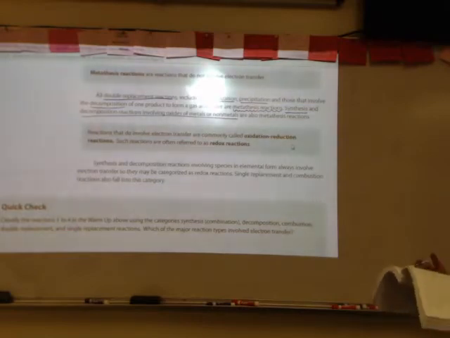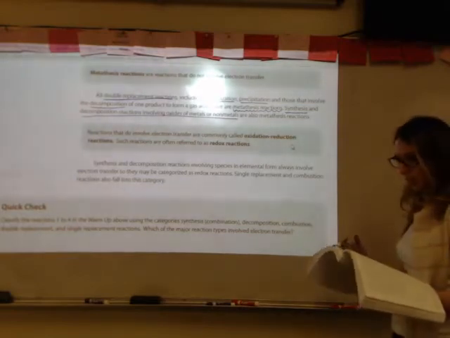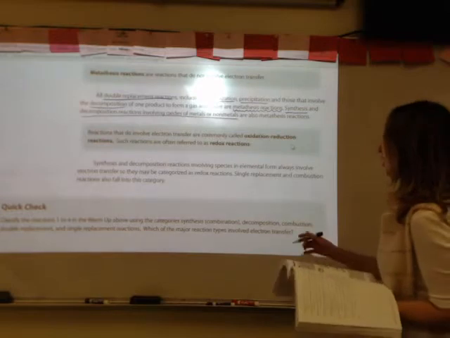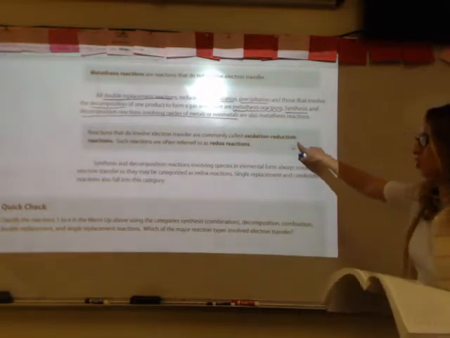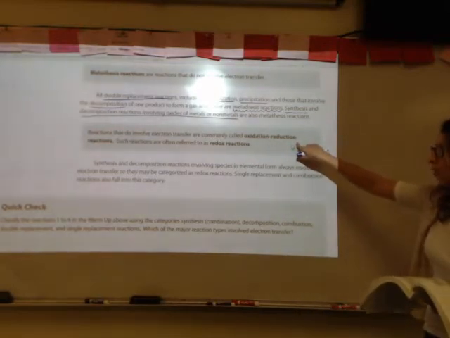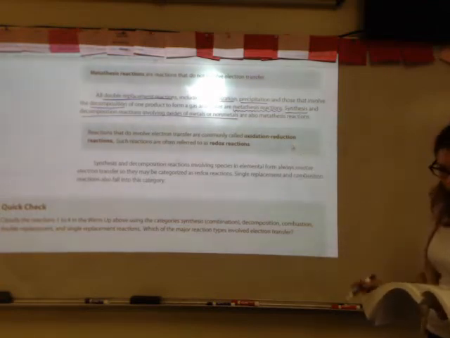Now, if we have a reaction that does involve electron transfer, that means that its charges or its oxidation numbers are going to change, and we call those oxidation reduction reactions, and those are abbreviated redox.